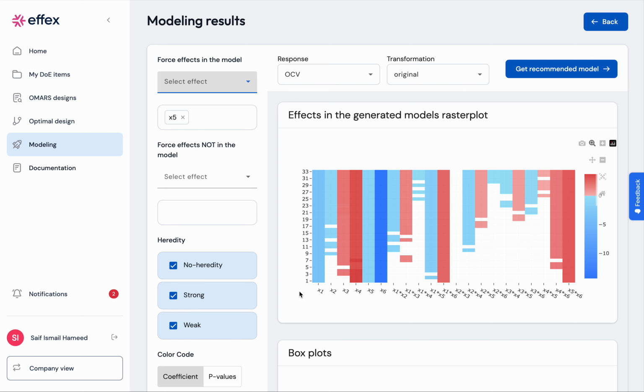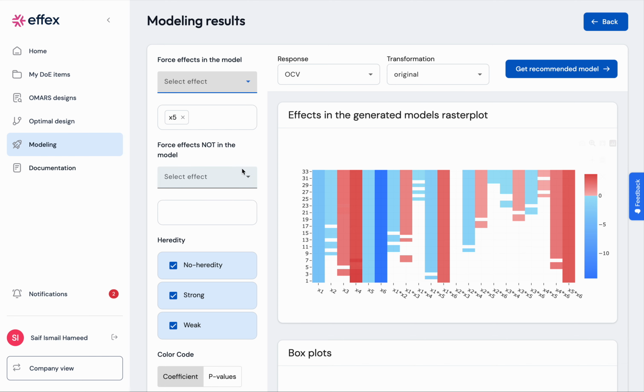Now, it may be that you have some prior knowledge that there are certain terms that really don't have an effect on your process. So let's say you have this interaction x4 times x5, and you know that this really shouldn't be present, and you don't want to look at models that have this term.